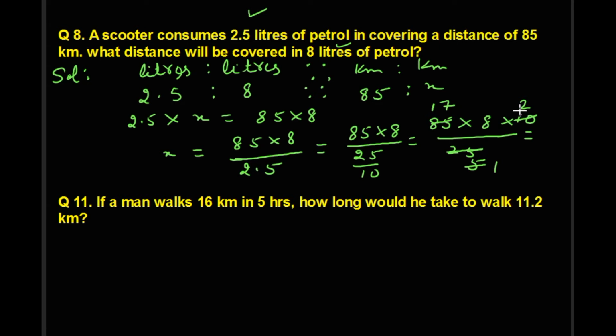So 17 2 ja 34, 34 multiplied by 8 would be 8 4 ja 32, 8 3 ja 24 plus 3 would become 27. It will cover 272 kilometers in 8 liters of petrol.